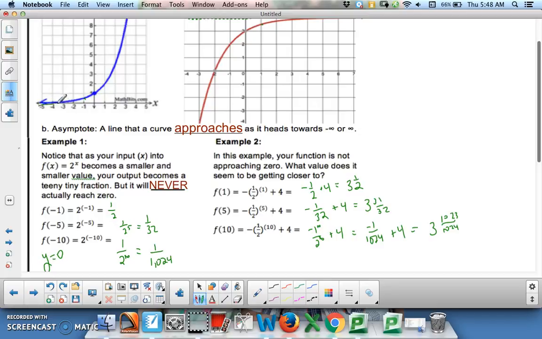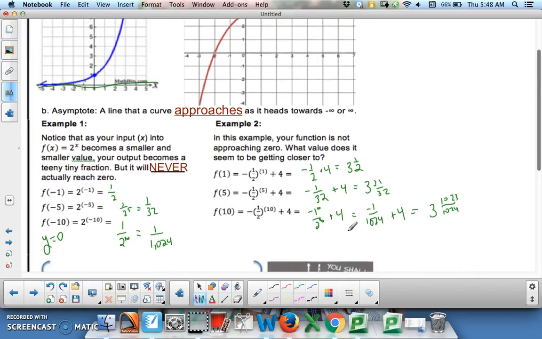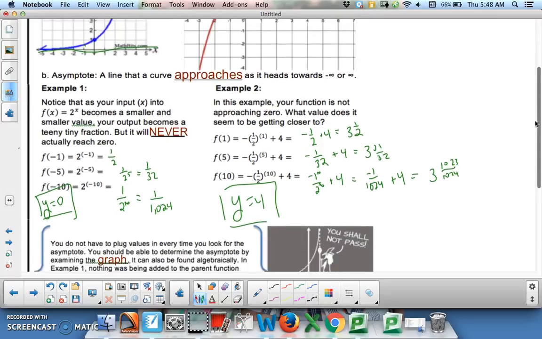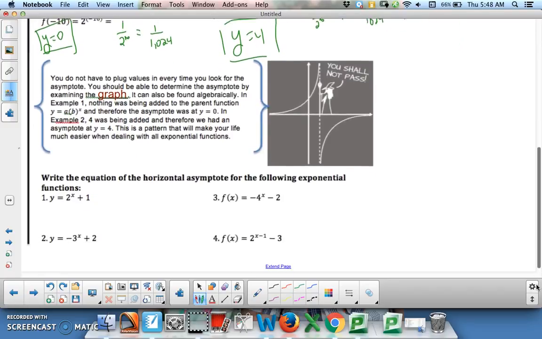So this asymptote is at y equals 0. This asymptote would be the line y equals 4. So that's your official answer. Y equals 4, y equals 0 for our 2 examples. Okay, so when you report an asymptote, you give the equation of that line.